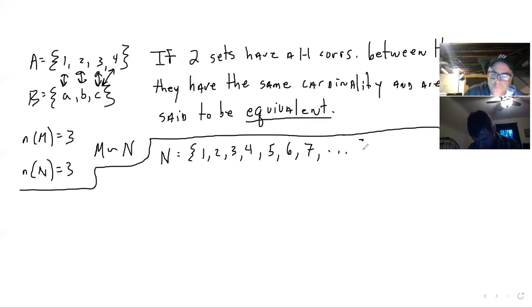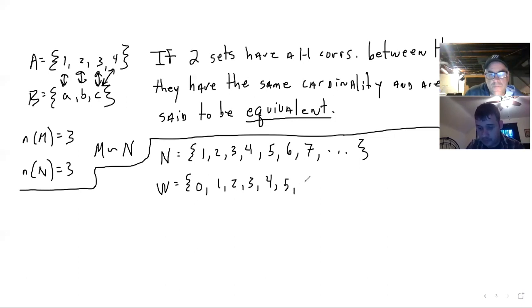All right. And let's take the set of whole numbers. Now remember, the whole numbers were the naturals, and I threw in the number 0. Okay.